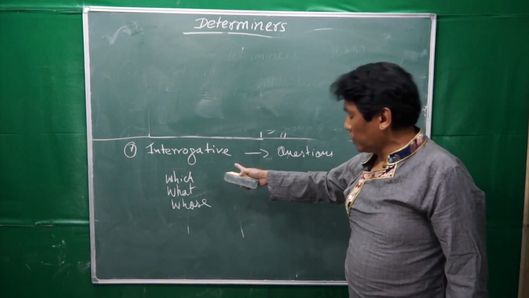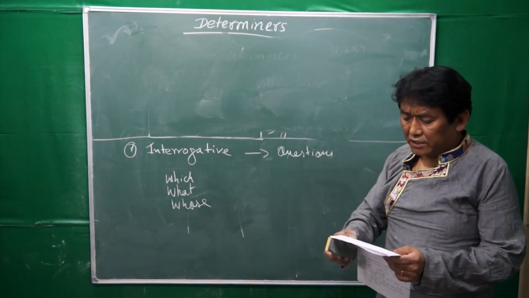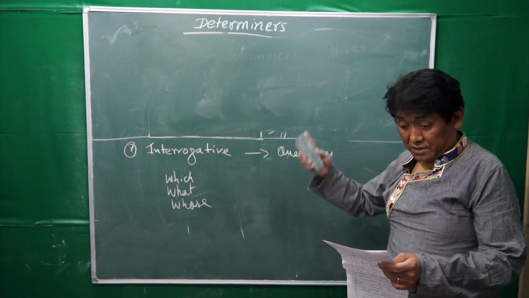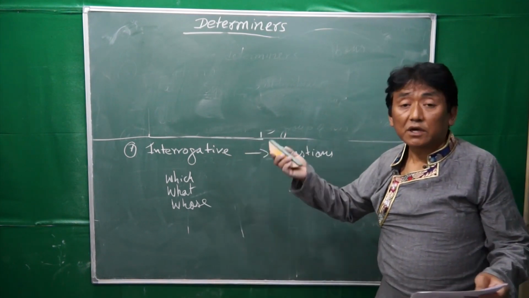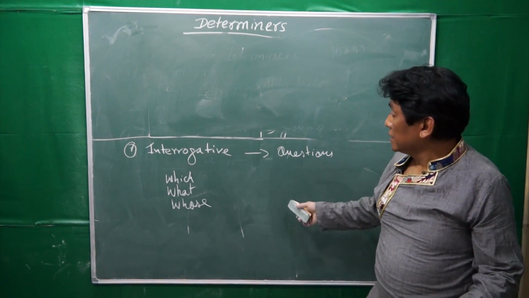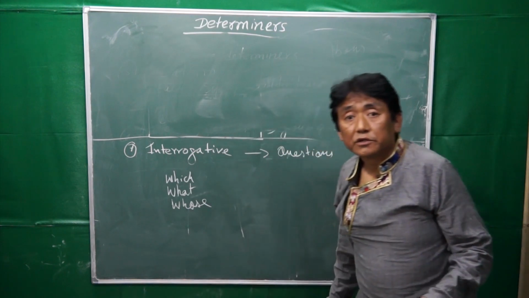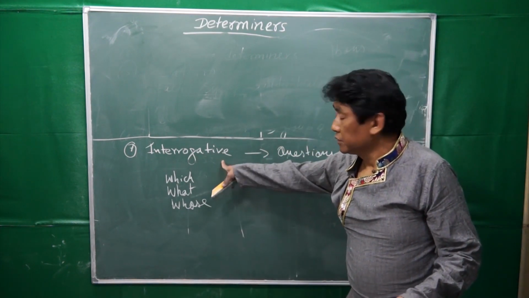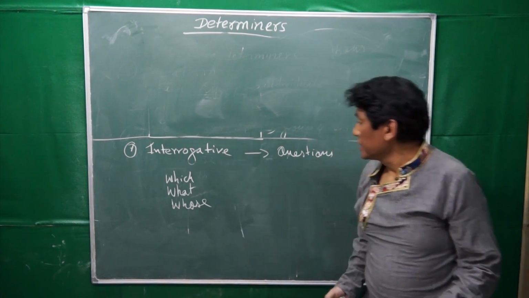Now, what they do is, an interrogative determiner is used to ask questions about a noun. And these are the determiners that we use to interrogate, right?